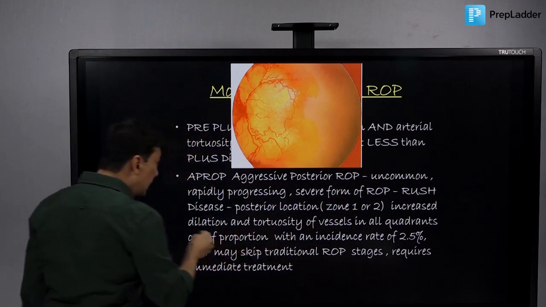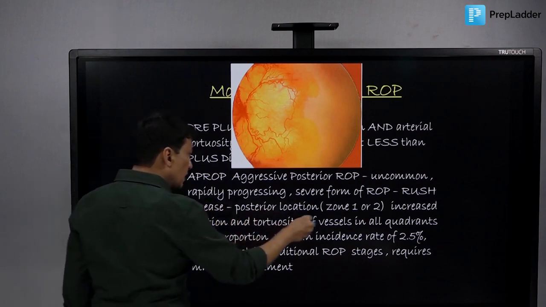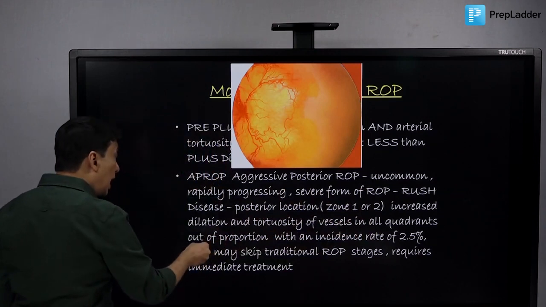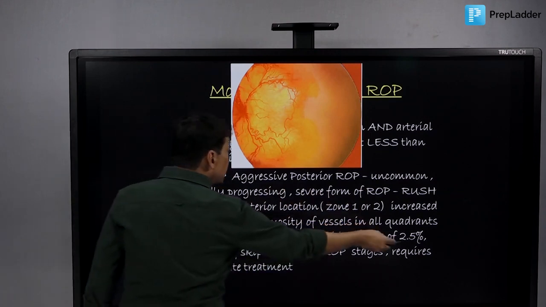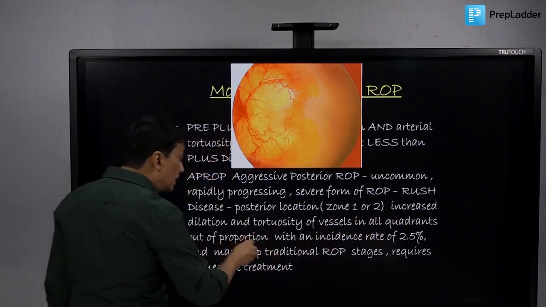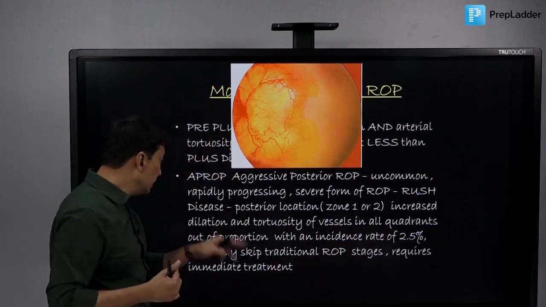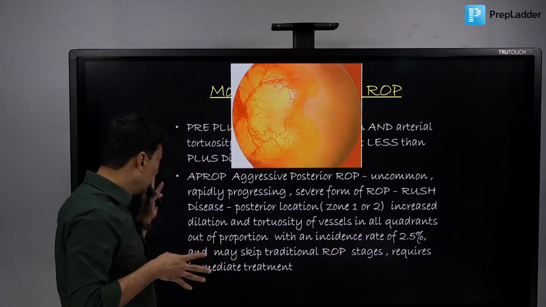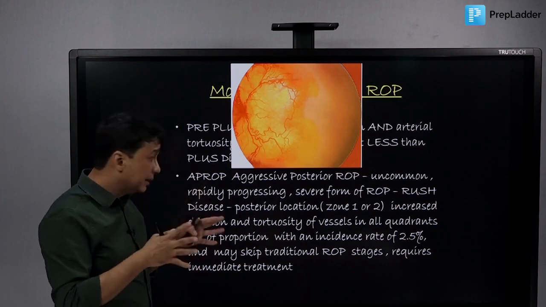And it has increased dilation and tortuosity, again like plus, of vessels in all quadrants, out of proportion to disease. The incidence rate is only about 2.5%, which is lucky for us, and it may skip through the traditional ROP stages. It requires immediate treatment. So kindly remember what is aggressive posterior ROP. It's aggressive and it is posterior.